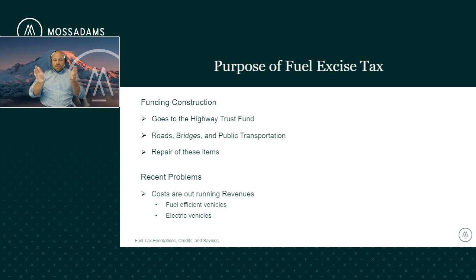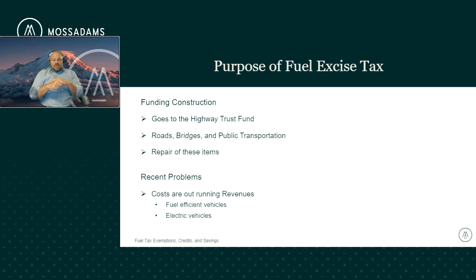And then it's also used to repair all of these items. But what has happened since, at least at the federal level, they last updated the rates, is we've seen the cost of the construction projects skyrocketing or increasing. Skyrocketing might be a bad term, but we've seen those costs outrunning the revenues that they've gotten. And part of that is the rates not adjusting for inflation, which they probably should.